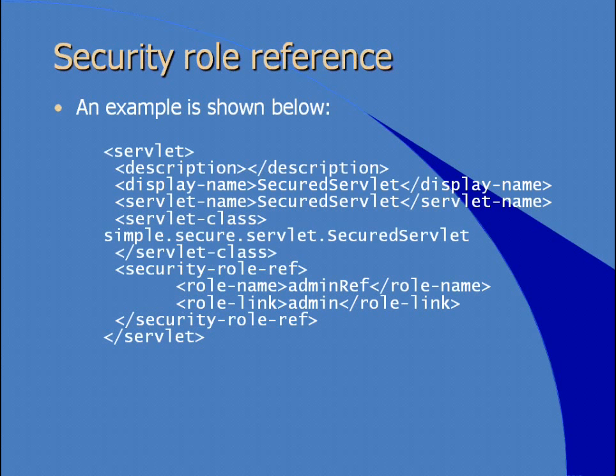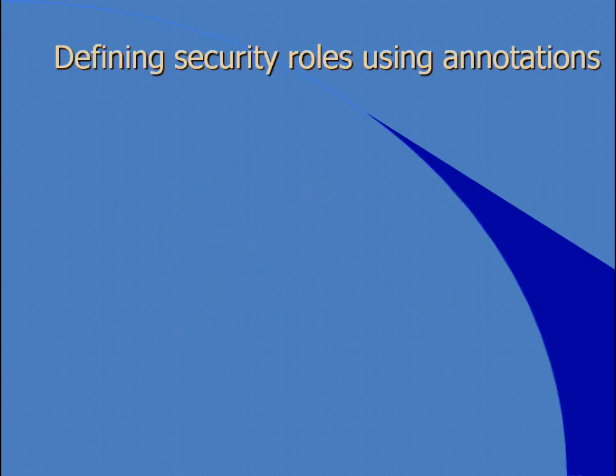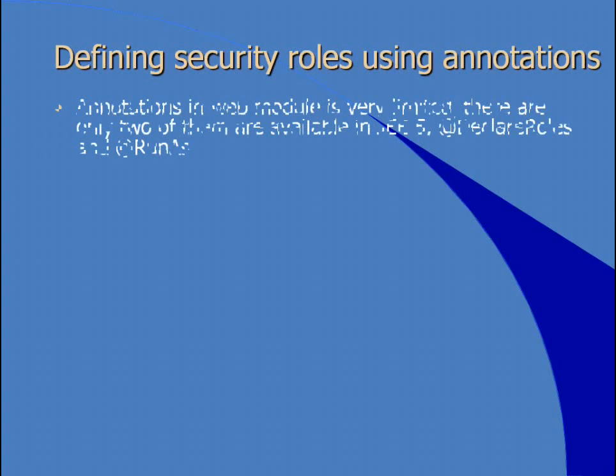In our code, we would use admin ref. The role link to the application-wide role is what's defined under role link. And so what we're doing with security role ref is we're saying, I have some resources in this servlet. I need to be able to interrogate the membership of these roles. Now, alternatively, in Java EE, we can use annotations.